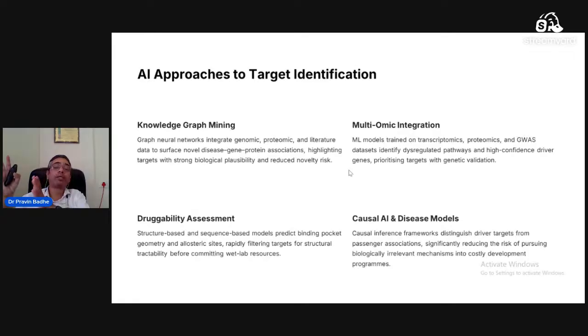Then multi-omic integration, where you can have machine learning models trained on data from proteomics and also from other sets which have the pathways. It can be regulated, deregulated pathways which have been identified in that disease. Then druggability assessment can be done. It can be structure-based or sequence-based models, so that way it can predict the pockets.